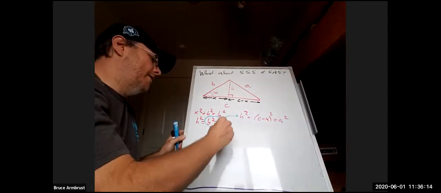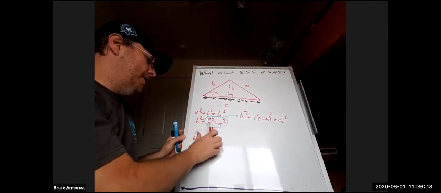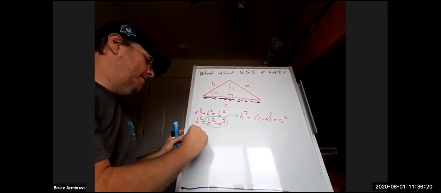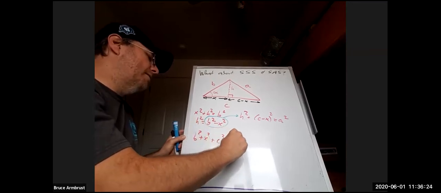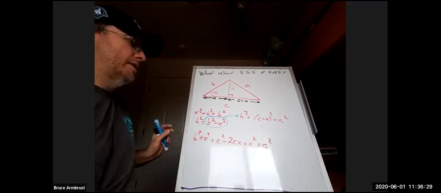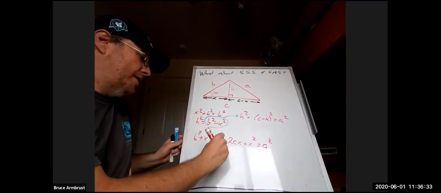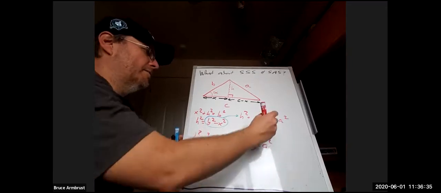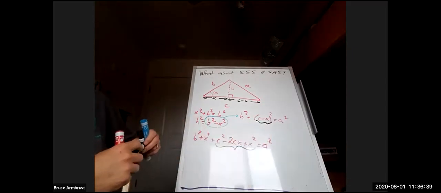So we're going to have h squared, which is now b squared minus x squared, plus c squared minus 2cx plus x squared equals a squared. So all of this, the c squared minus 2cx plus x squared, comes from FOILing out (c minus x) squared.